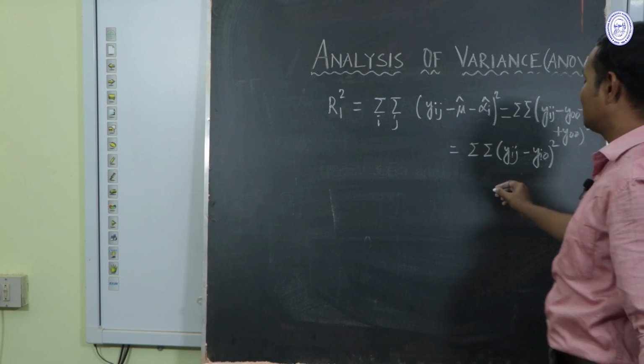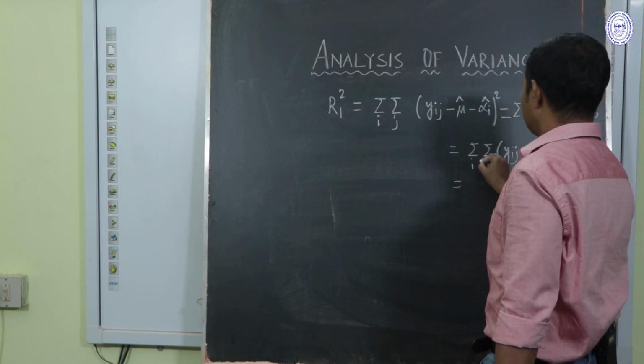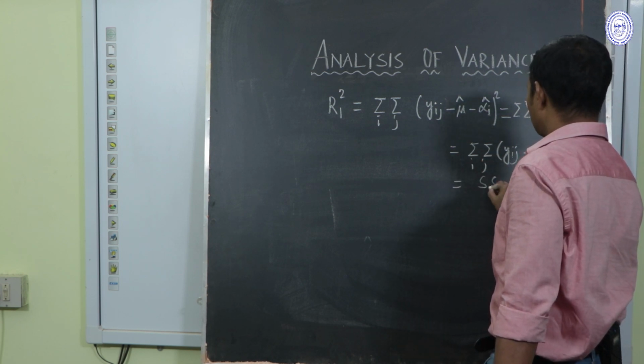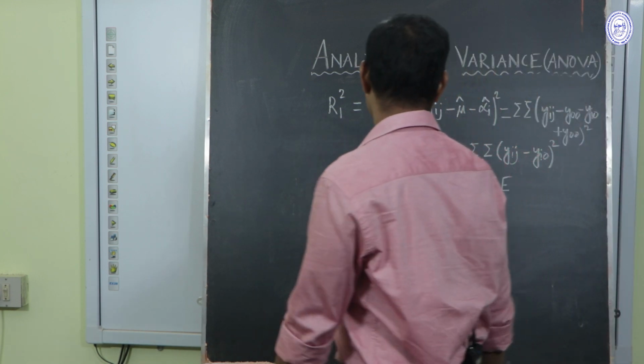This is called sum of square due to error.